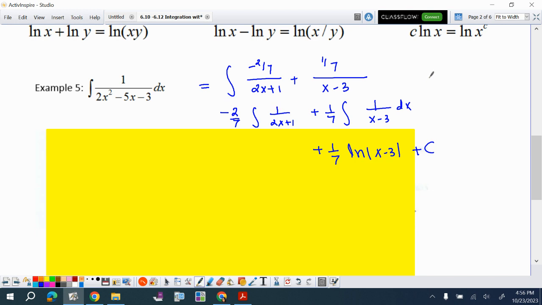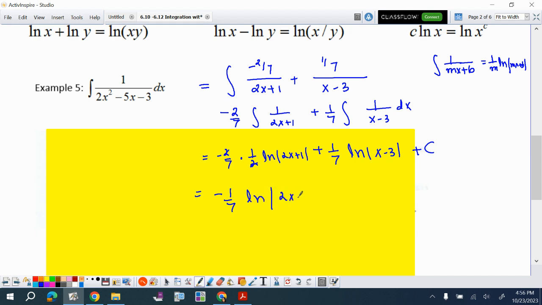And this is where I was telling you that your best friend is this: anytime you have 1 over mx plus b, the antiderivative is 1 over m ln mx plus b. So that will make it negative 2/7 times 1 over 2 ln 2x plus 1. So if you simplify, the 2 got cancelled, and you have negative 1 over 7 ln 2x plus 1 plus 1 over 7 ln x minus 3 plus c.